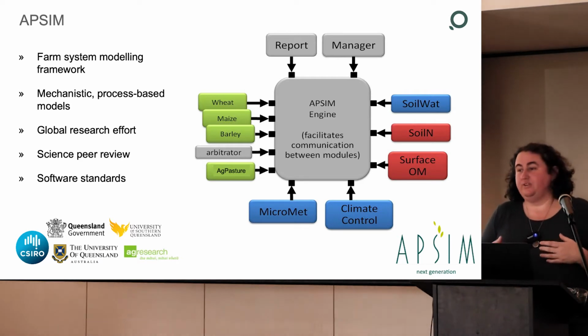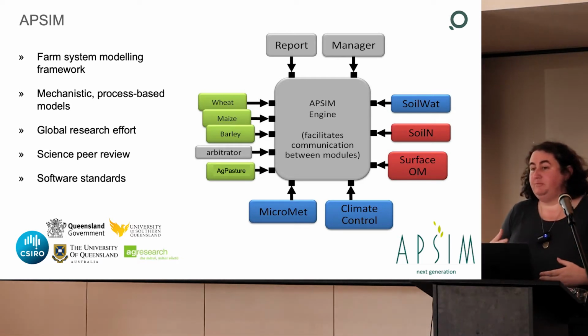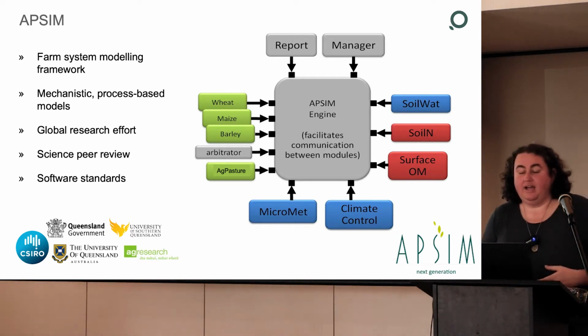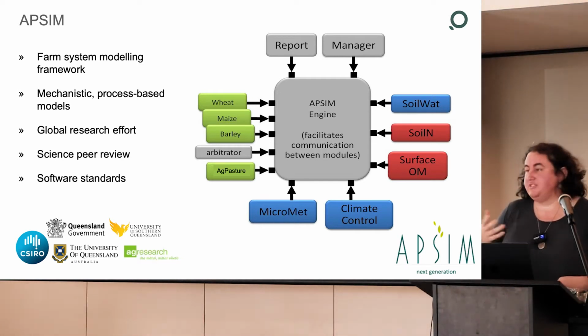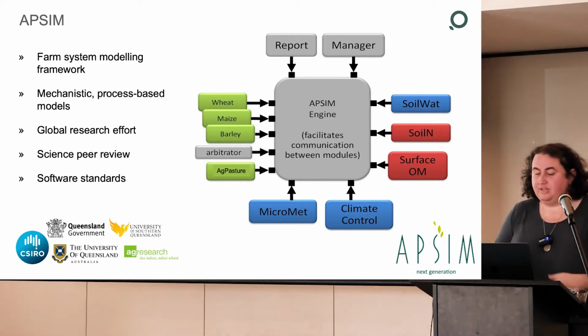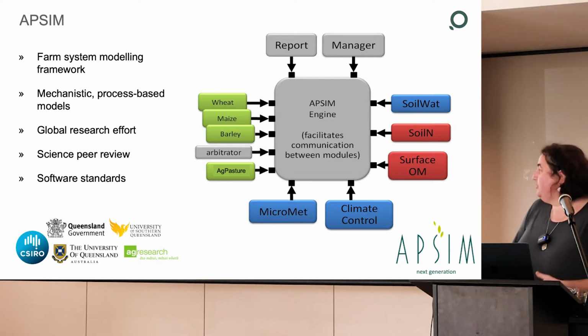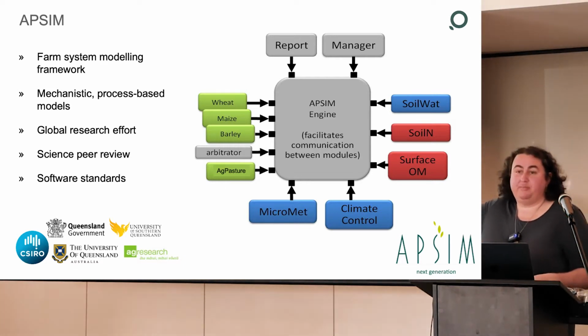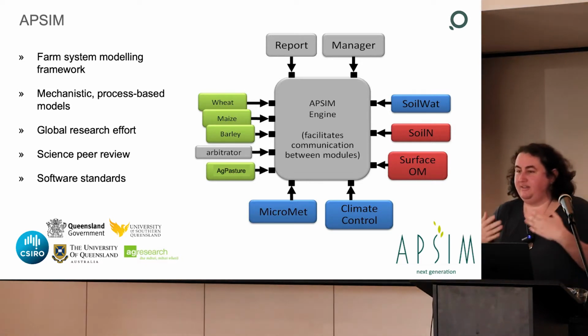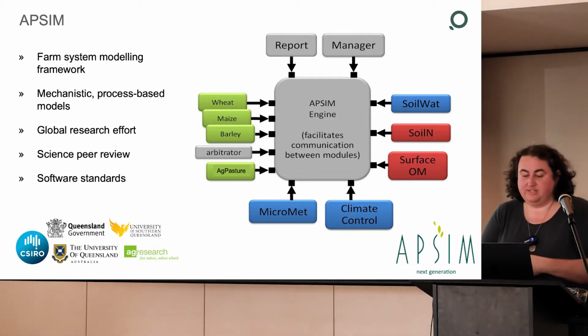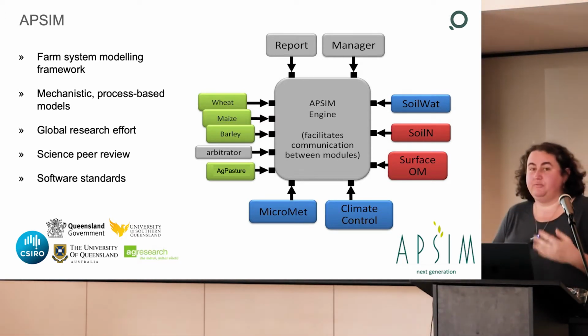In this case, we used SWIM-WAT, which is a tipping bucket soil water model. We used soil nitrogen, which is inherited from the Century models, so organic matter. We also used the lucerne part of AgPasture. I believe there's a new lucerne model coming, in collaboration with Derek Moot, but it's not there yet. So we used an existing one, which is part of AgPasture, developed by AgResearch.